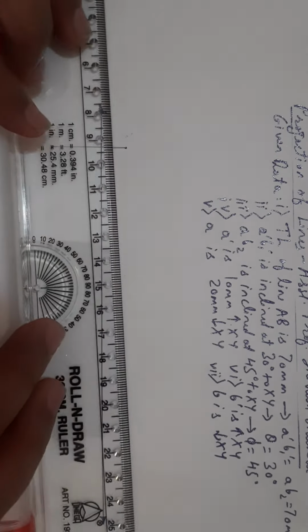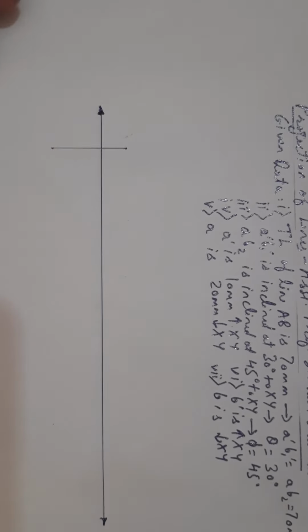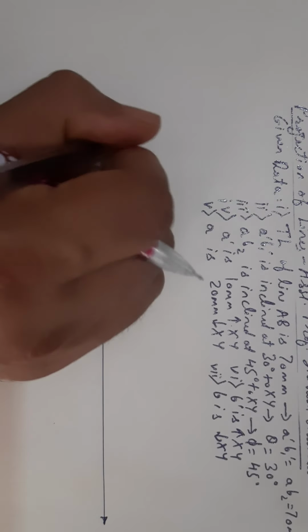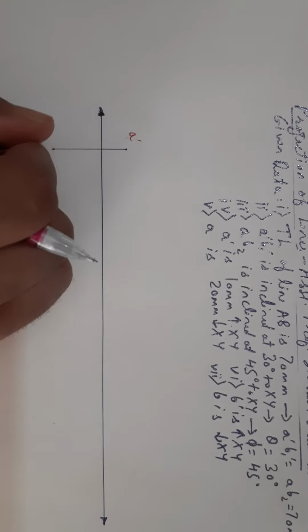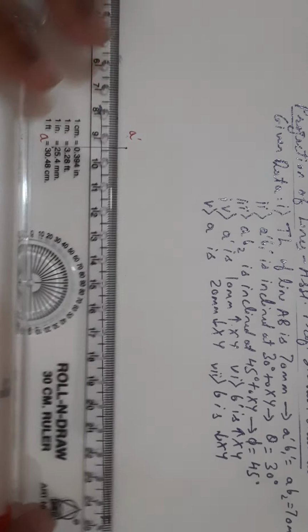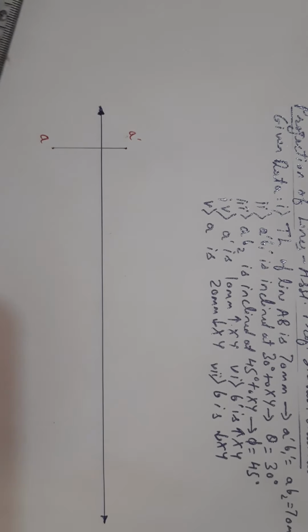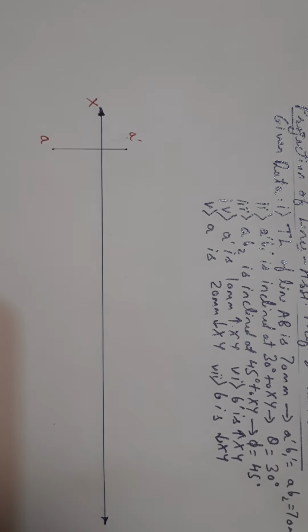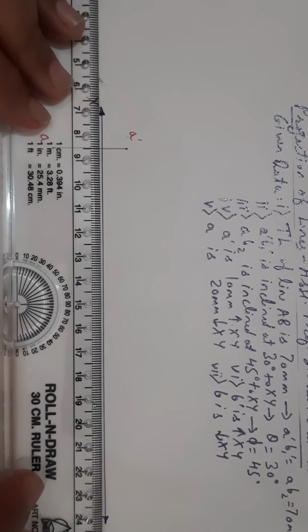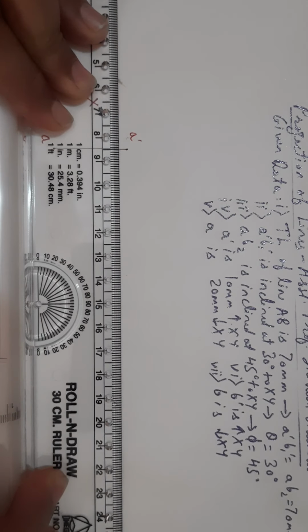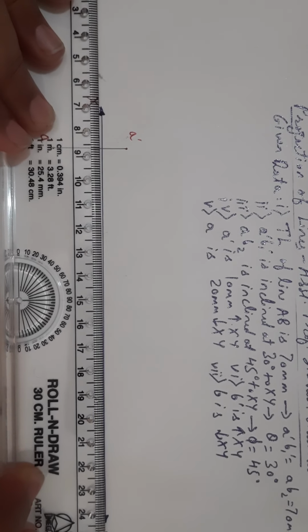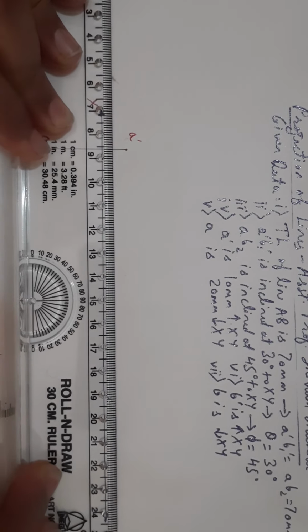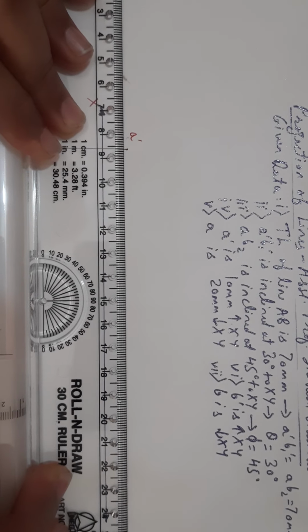Now with the help of the projection line itself, I will be making the locuses. Step 1, I located these points A' and A. Now parallel to the XY line, I will be making the locuses of A' and A. So here it is, exactly parallel to the XY line. I'll be just moving my roller up.